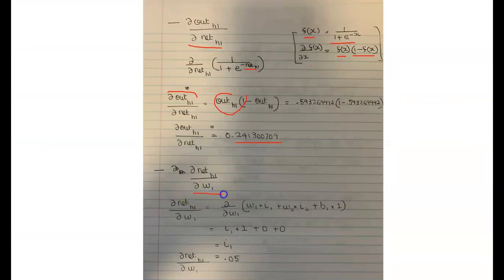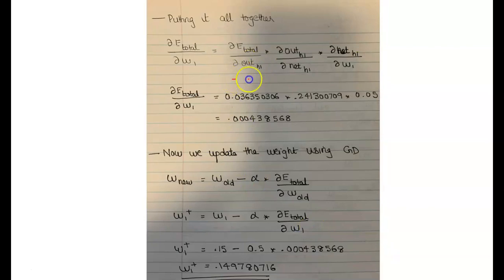Dou net H1 by dou W1, and once you do that partial derivative, you get the value to be 0.05. So since we have now found all the components of dou E total by dou W1, the next step is of course to multiply all these values, and we have got this particular value.